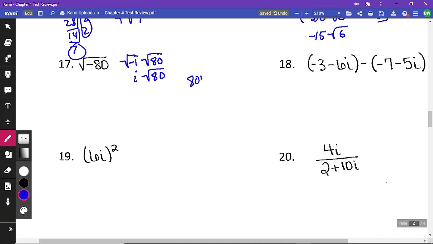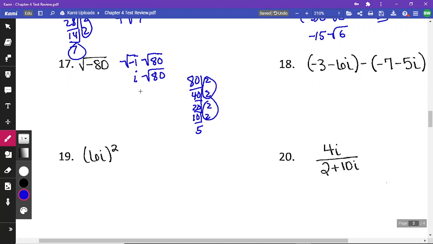We'll do our prime factorization. Get 2, 40. That gives us 20. Divide that by 2 as well. Gives us 10. Divide that by 2 as well. And we get 5. So we have our prime factorization. And we have 2 pairs here of 2's. So each of those is a 2 that comes outside.